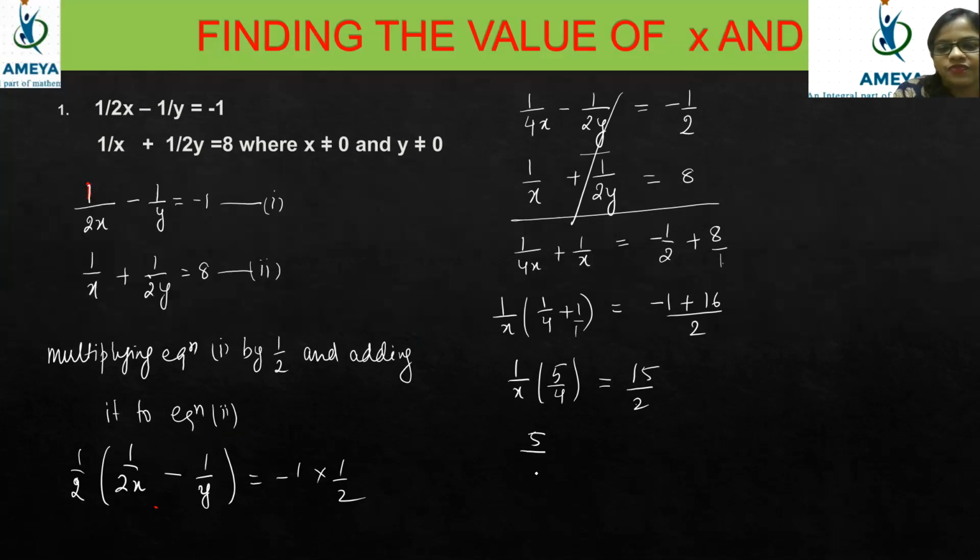So 5 by 4 into 2 by 15 equal to x, because what I have done here is 1 by x, 5 by 4 is there. If I shift this x this side, this x this side, it will become x, and here this 2 will go up and 15 will go down. So now 5 3s are 15 and 2. So now what I'm getting is x is equal to 1 by 6.